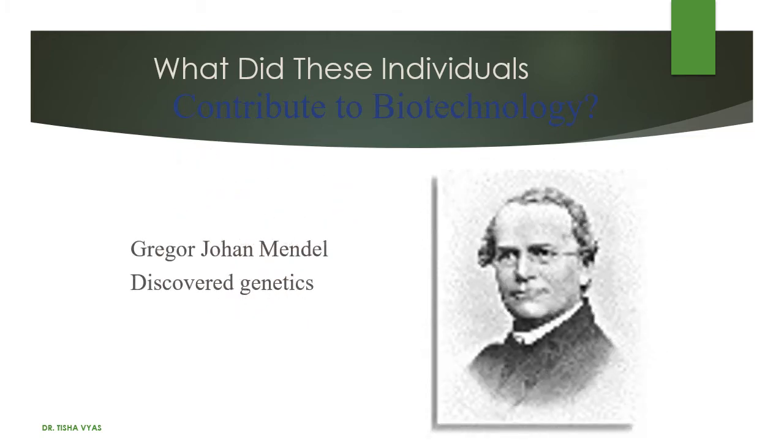The next scientist is Gregor Johann Mendel. Mendel was born in a German-speaking family in the Silesian part of the Austrian Empire, today known as the Czech Republic. He gained posthumous recognition as the founder of the modern science of genetics.